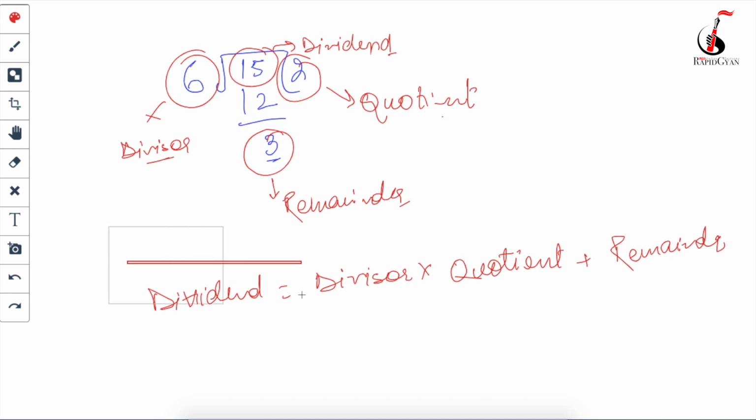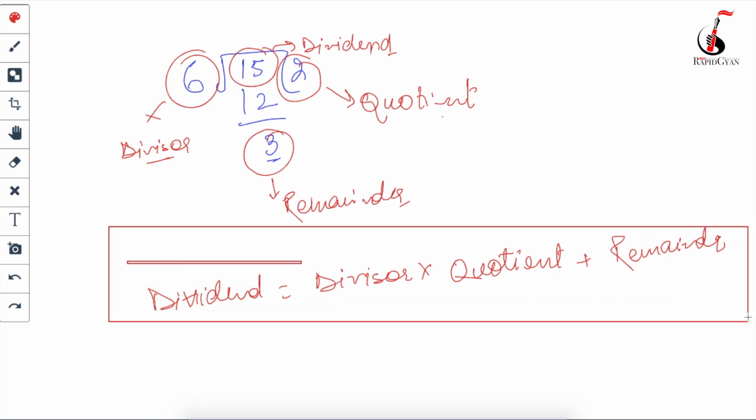In order to study the remainder theorem in terms of polynomials, we are going to explain it in this video. So I hope you remember this, and it's very important to memorize that dividend is equal to divisor multiplied by quotient plus remainder.